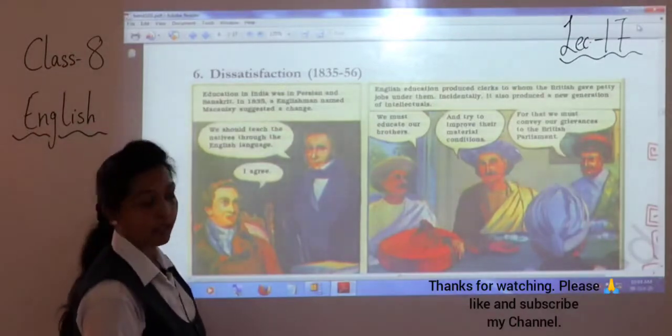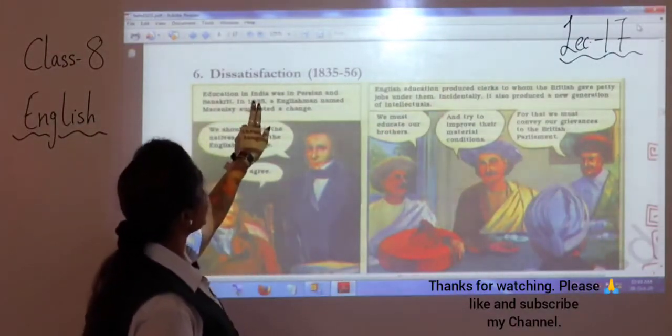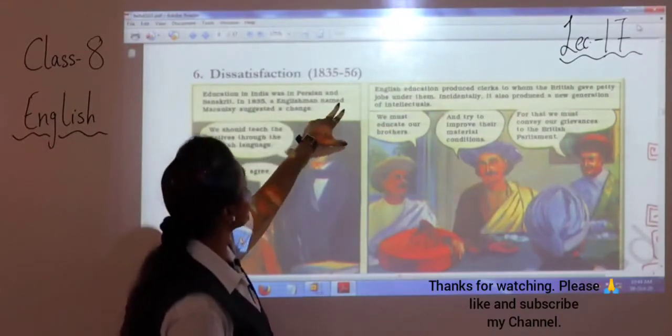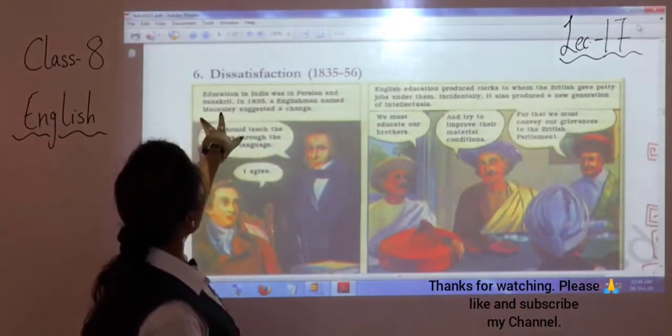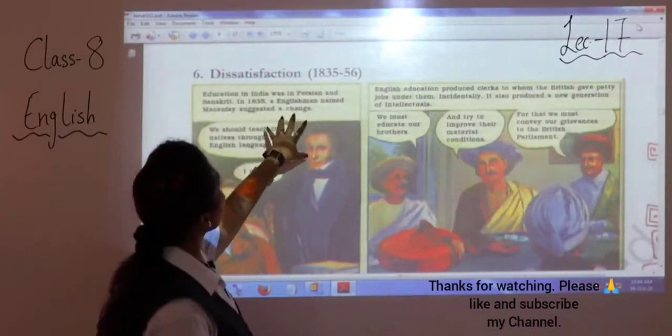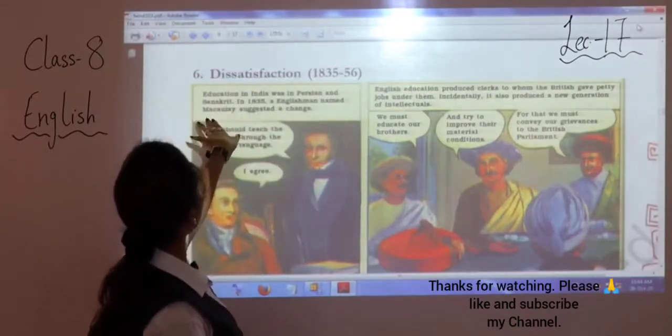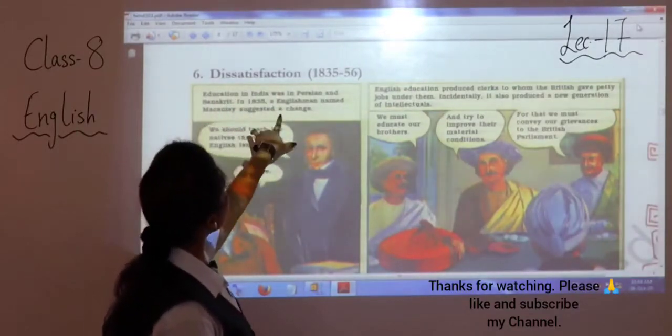Those languages were used for getting education. Okay, so in 1835, an Englishman named Macaulay suggested a change.